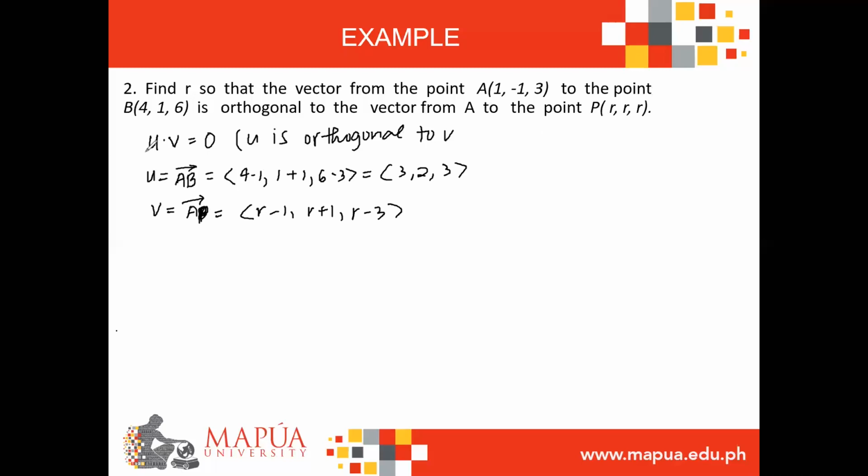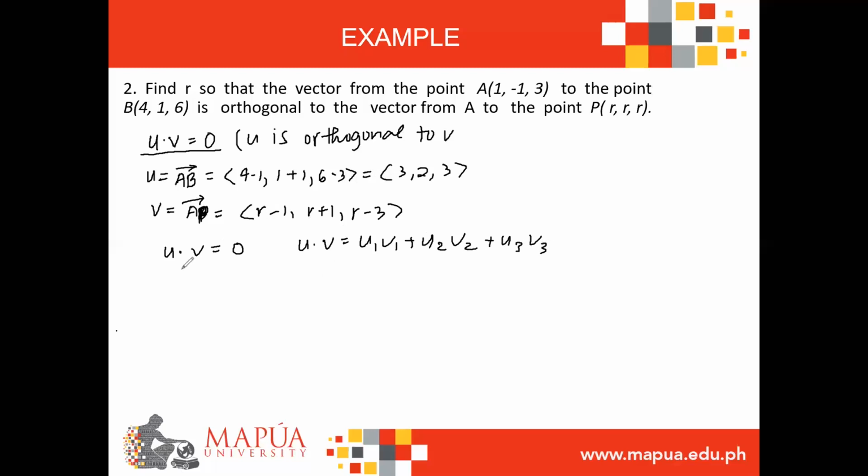So using now this concept to find out the r, we have u dot v equals 0. So we can now multiply these two vectors u and v by using the components given. So we have the concept last time, u dot v equals u1 v1 plus u2 v2 plus u3 v3.